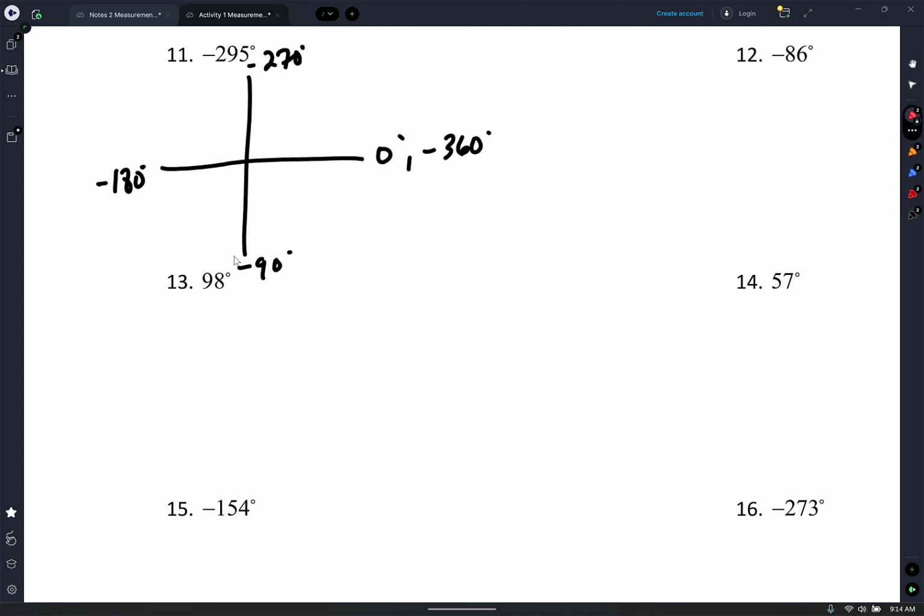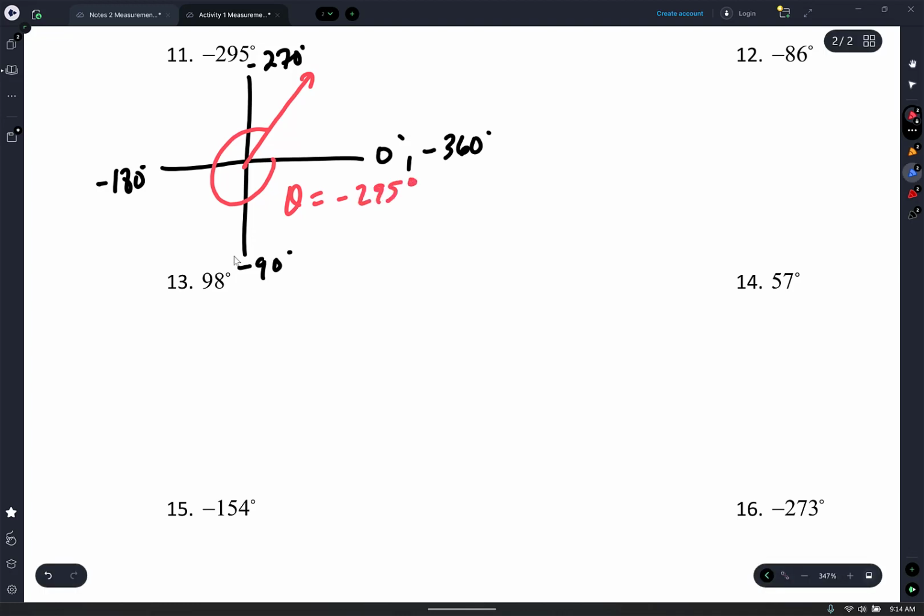Quadrant 1. I go clockwise, I'm right there. That is negative 295 degrees. And my reference angle is this guy right here. I've almost done a whole revolution. So I just go 360 minus 295, which I believe is 65 degrees. The reference angle is always positive. So that's why I don't bother to do negative stuff.